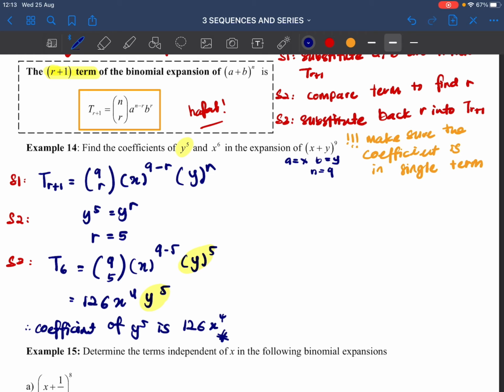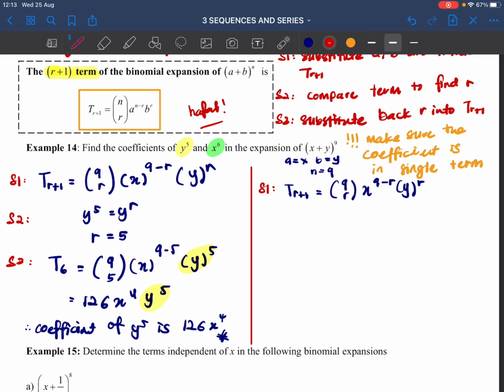So we look at the example next to it, where the other thing is the question asked to find x to the power of 6 there. Okay, we still use the same method. So the first step is we have to substitute into the formula, so we will end up with the same formula. Tr+1 equals 9Cr x^(9 minus r) y^r.